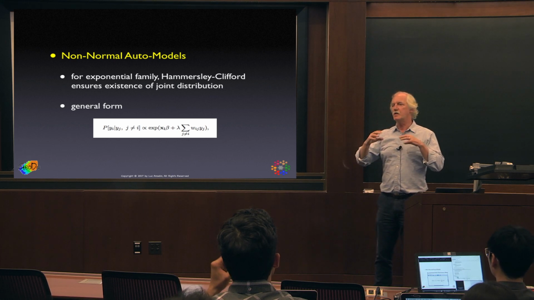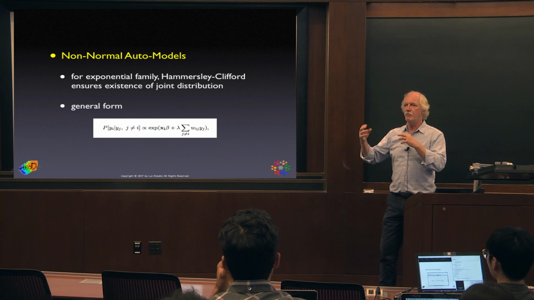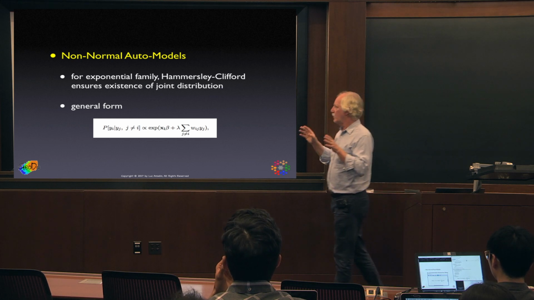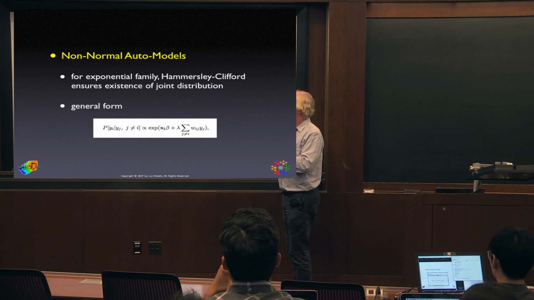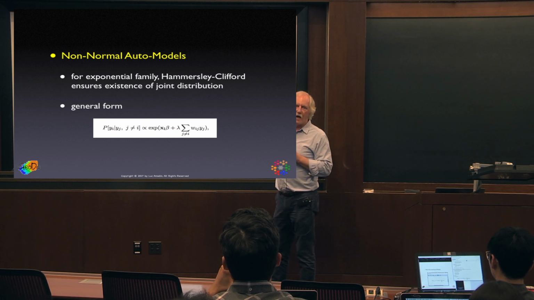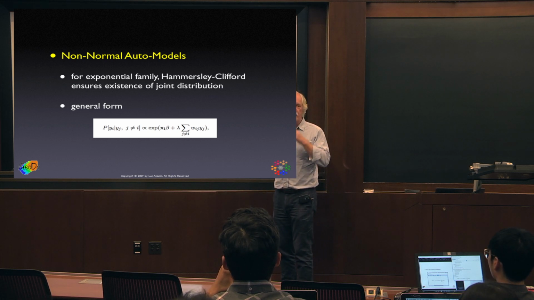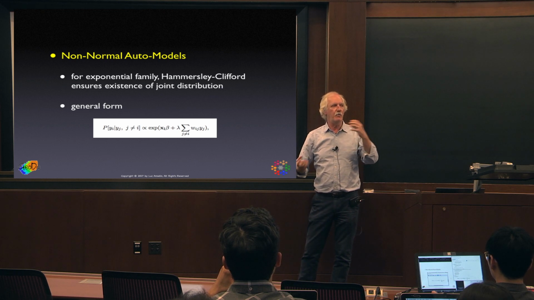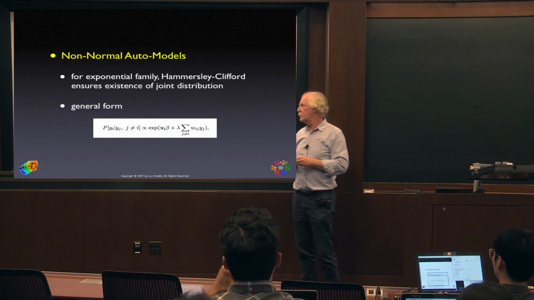And they're characterized by some mean function and some variance function. So, as long as they are part of the exponential distribution, you can use Hammersley Clifford to make the connection between the conditional setup and a proper joint setup.